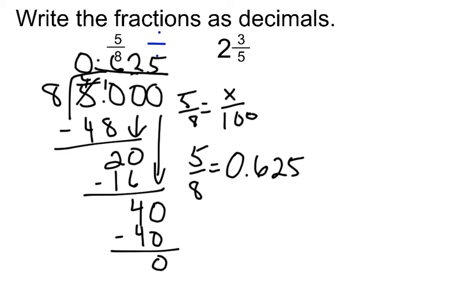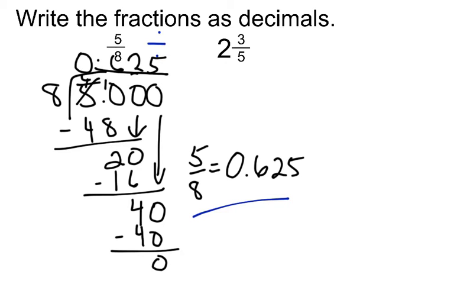Some students ask me, is that another way of doing that? And I say yes, but that's not going to be our focus today because that's going to come in a later lesson. So for those of you who already know how to do that, hold on, be patient, and practice your division for now.